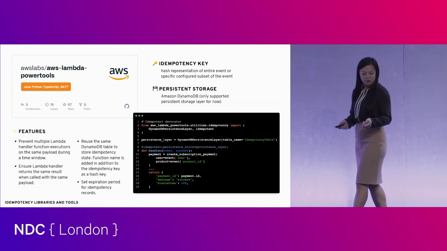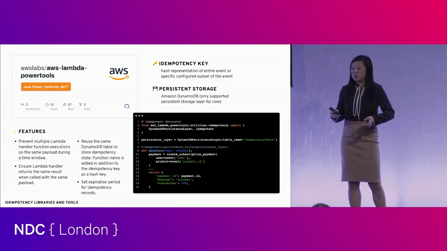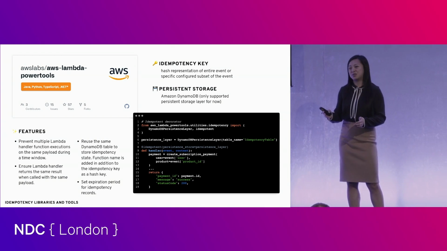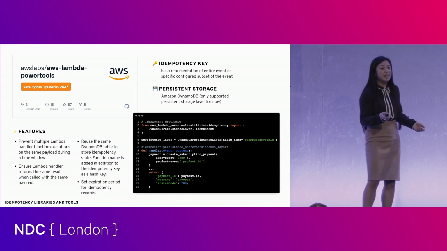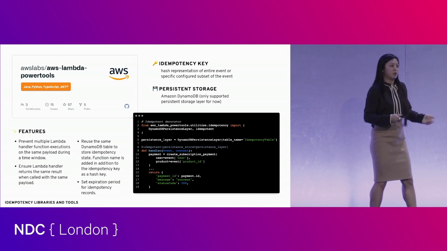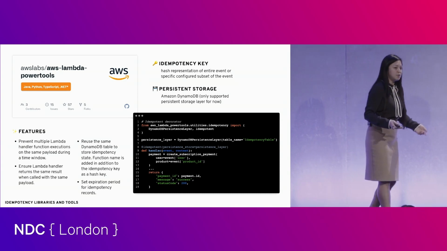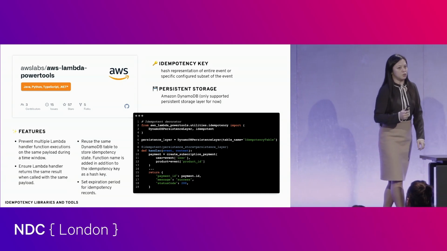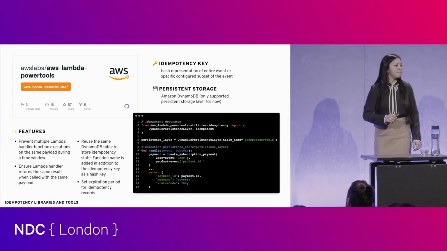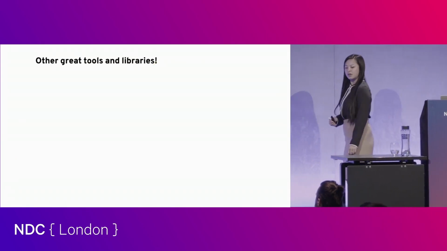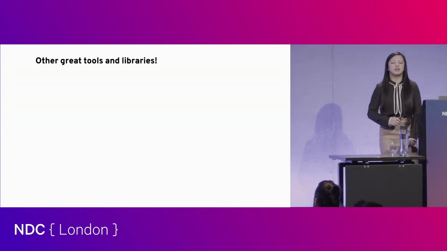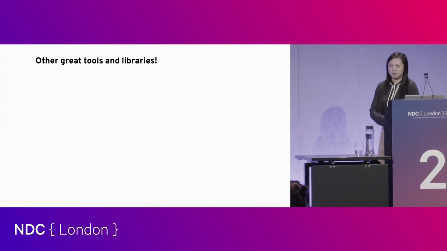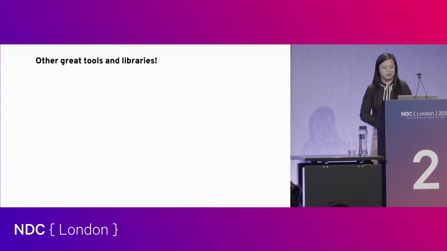So setting an expiration period is helpful because usually you only need to check for maybe an hour or a day, and this will help you cut down on how much storage you're using and how large that persistent storage layer will grow. So that's my favorite one that really encourages idempotency and maps very closely to what I've shown you today.